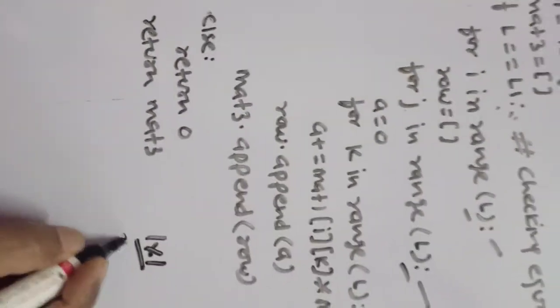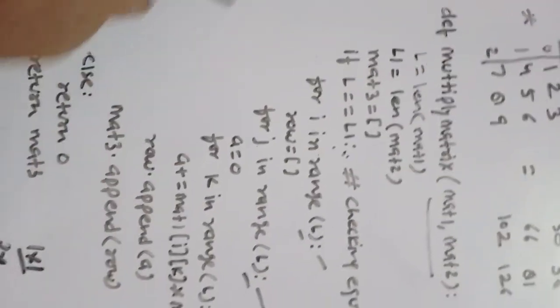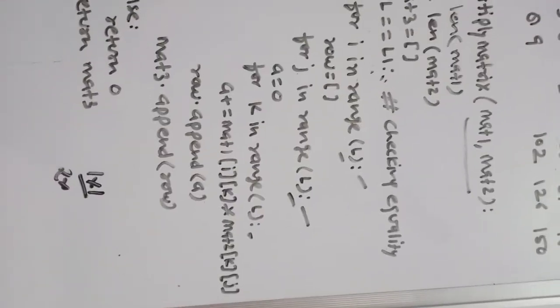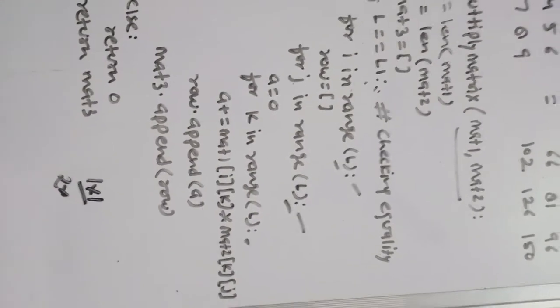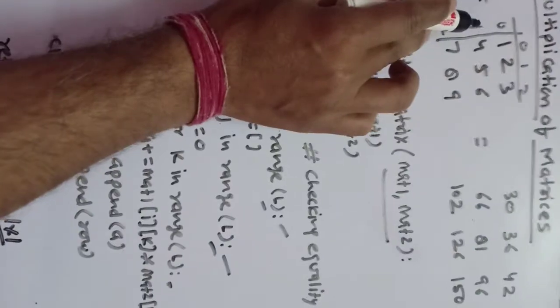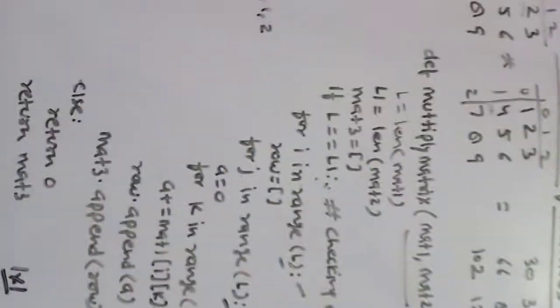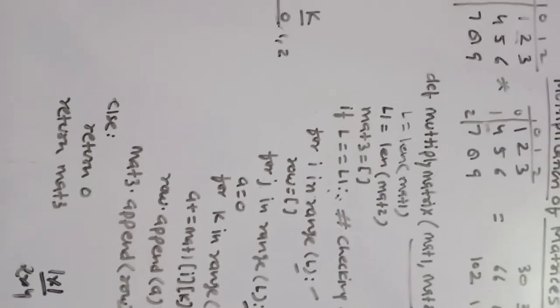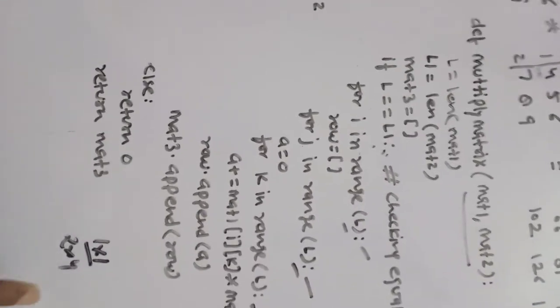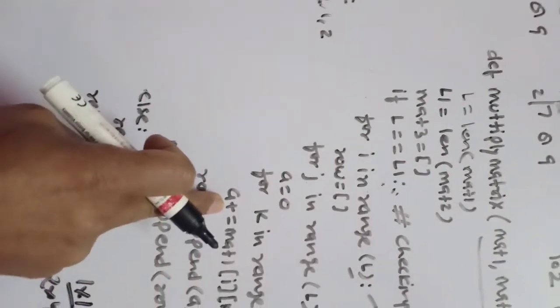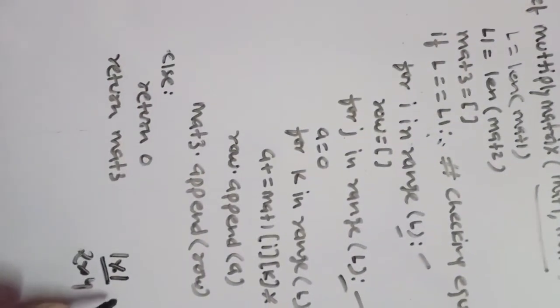So, 2 multiplied by KJ, K is 1, J is 0, that is 1, 0. And at 1, 0, the value 4 is placed. It is 2 multiplied by 4, and the values are added here. Plus symbol is here. 2 into 4.